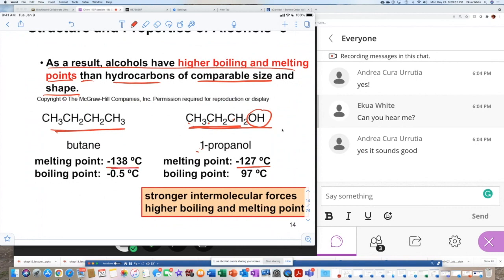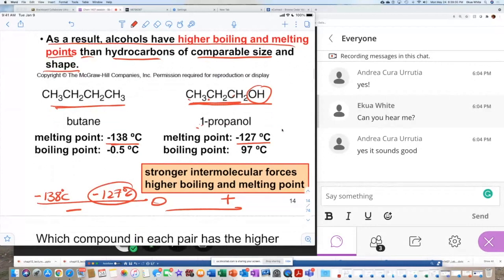We can't relate to negative numbers a lot, but this number is further right, right? If you have a number line and you have negative numbers, 0, and positive numbers on the right, negative 127 will be further right compared to negative 138. For that reason, this is larger, okay? Just to relate to negative numbers. And then what about boiling point?